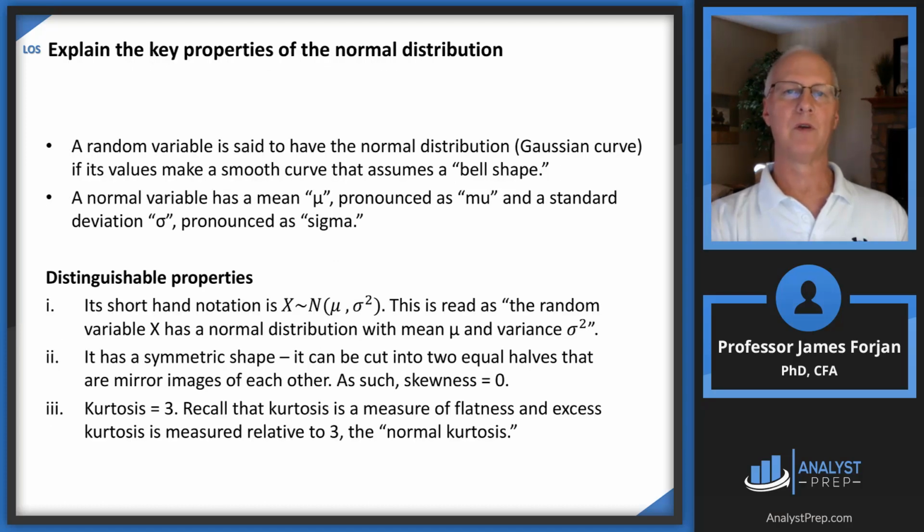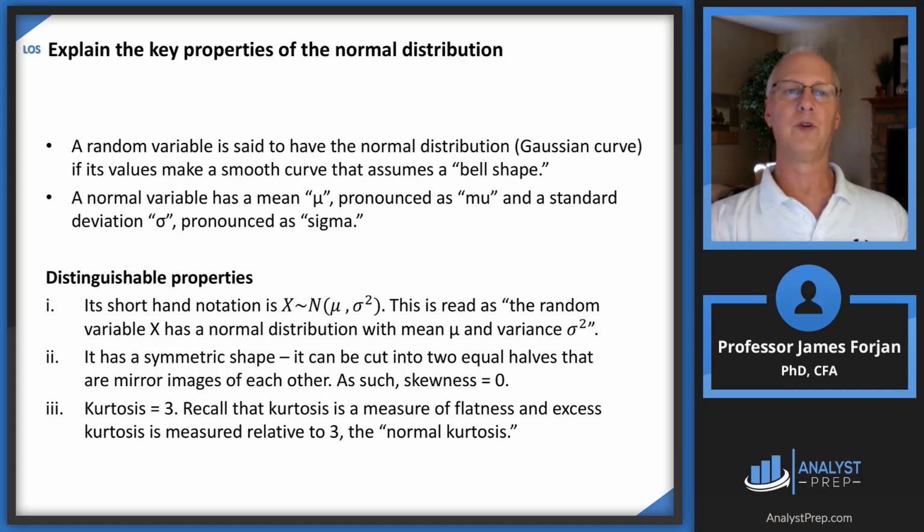How about properties of a normal distribution? A random variable is said to have a normal distribution if its value makes a smooth curve that assumes a bell shape. Now, I don't want to swing all the way back to the very first distribution that we had. Remember, that was with the rolls of the dice, and that was just a straight line.